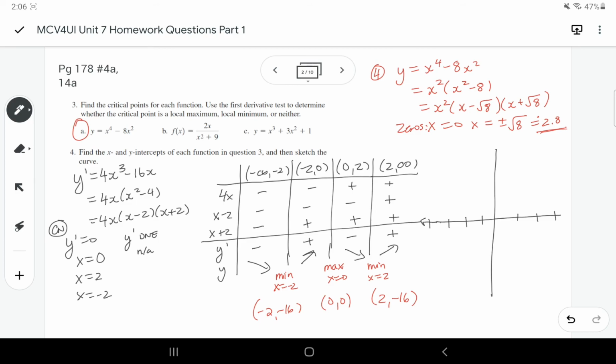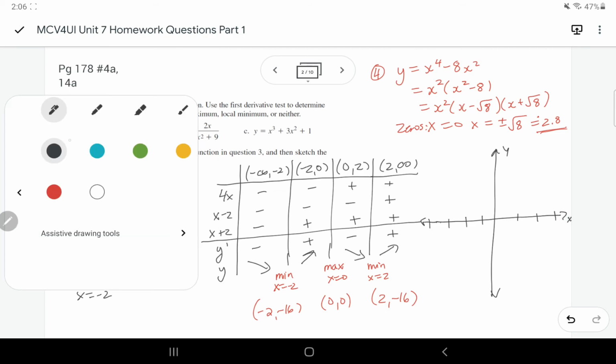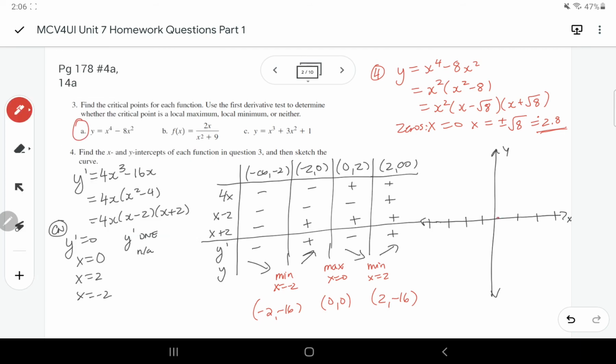Like, we're not going to get really a good scale here, but we can get the shape of it for sure. So here I've got a local maximum at 0, 0, and local minimums at negative 2, negative 16. I'm just not going to put a scale in my y, and then 2 and negative 16, because I can't really fit that.